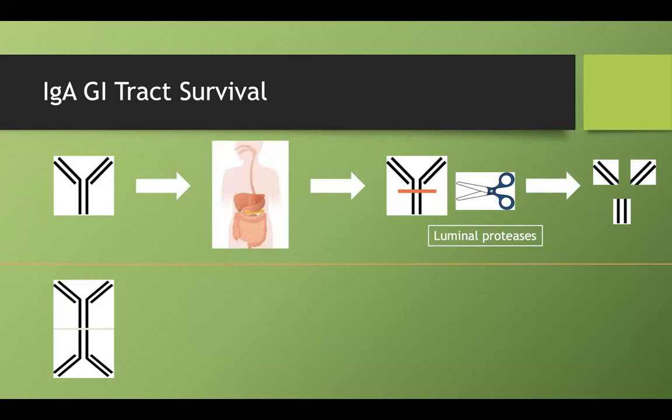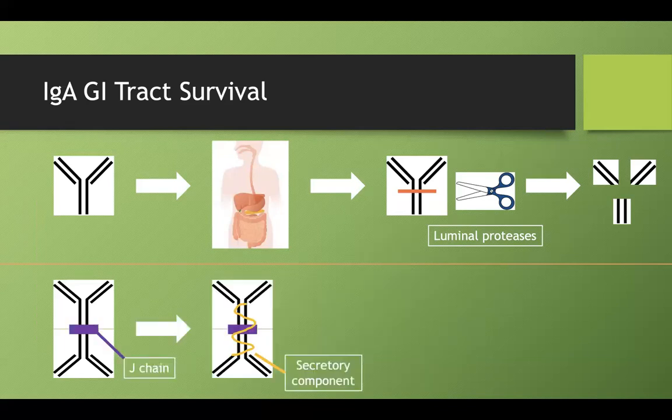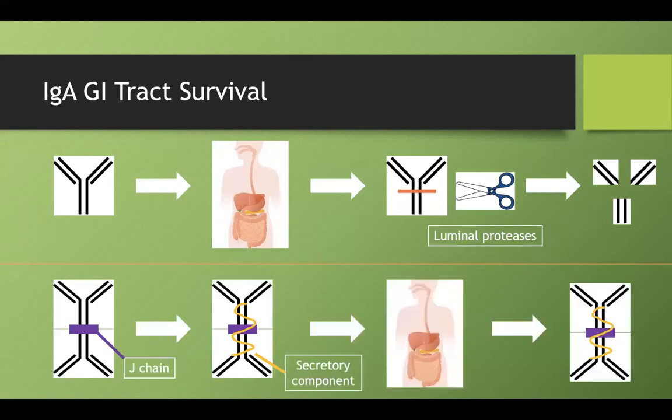The nice thing about IgA is that it exists as a dimer, which means two of them attached together, and they're attached by a J chain as well as a secretory component. And because of these two features, they can actually go to the GI tract and survive there without luminal proteases being able to break them down.